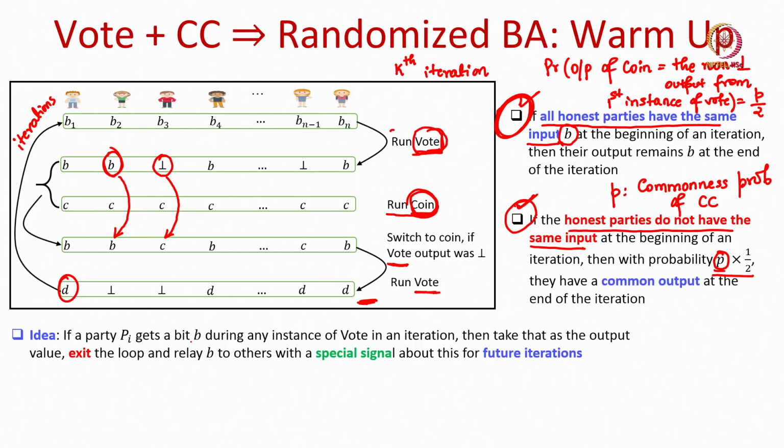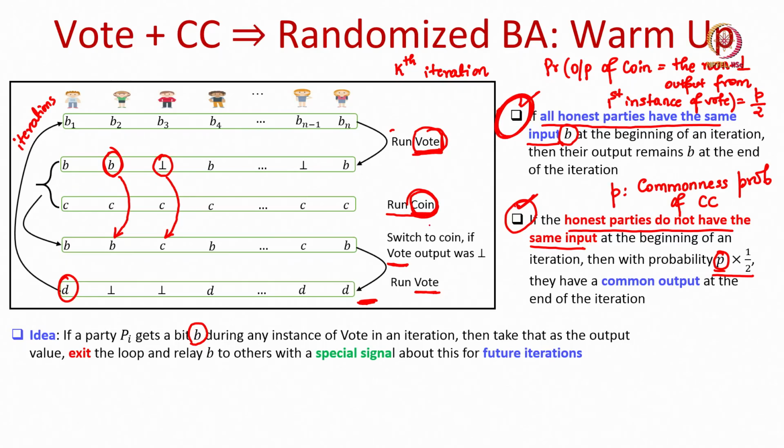If any party pi obtains a bit during any instance of vote in an iteration, then, remember, in each iteration there are 2 invocations of vote, one at the beginning and one at the end.